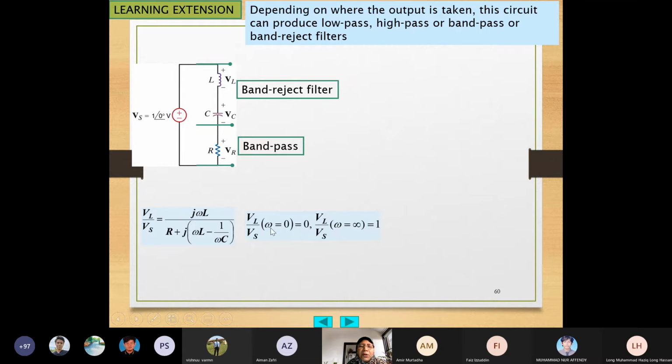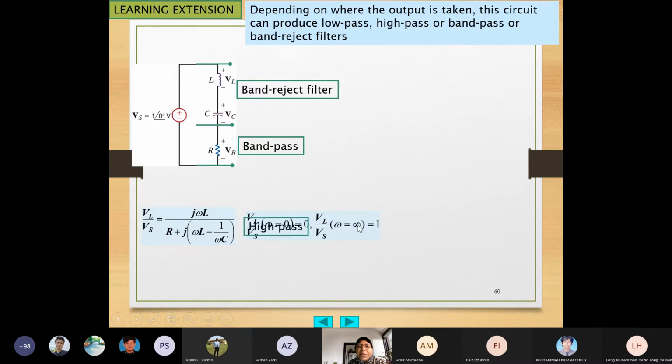For omega equals 0, which is DC condition, the VL is 0. So 0 over something, you get 0. That's why you have 0 value of output when low frequency. So omega equals 0 means DC behavior.